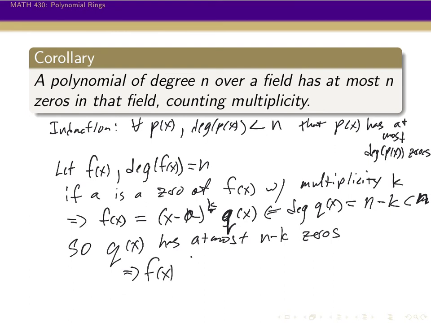So f(x) has at most n minus k plus these k more, which is equal to n zeros. And that finishes the corollary.